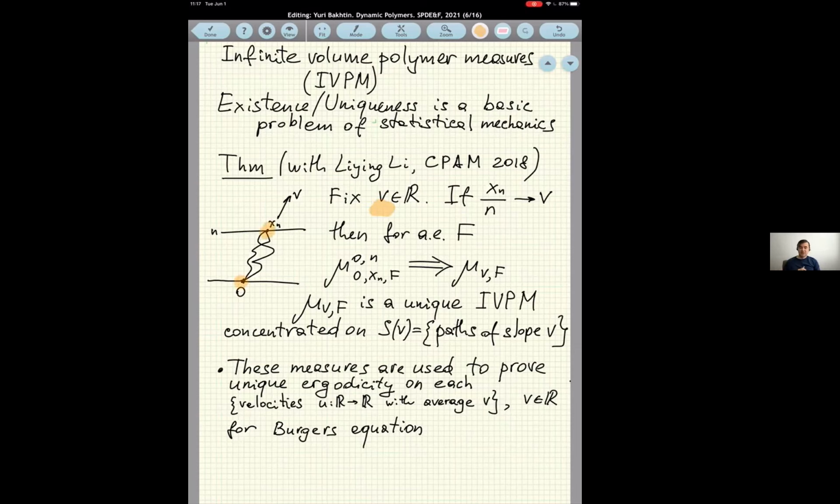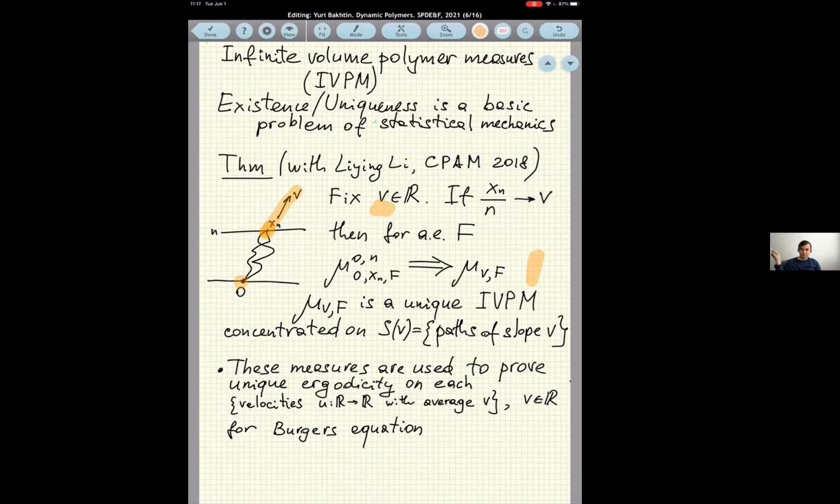You fix 2 points, you consider the Gibbs measure on polymers between them, and then you take the point x_n to infinity in that direction, and the associated measures on finite paths converge weakly. This is what this arrow stands for. In this case, this is just finite dimensional distributions, really. You obtain a convergence statement to a measure on infinite paths, and that measure is the unique infinite volume polymer measure concentrated on paths with that slope.